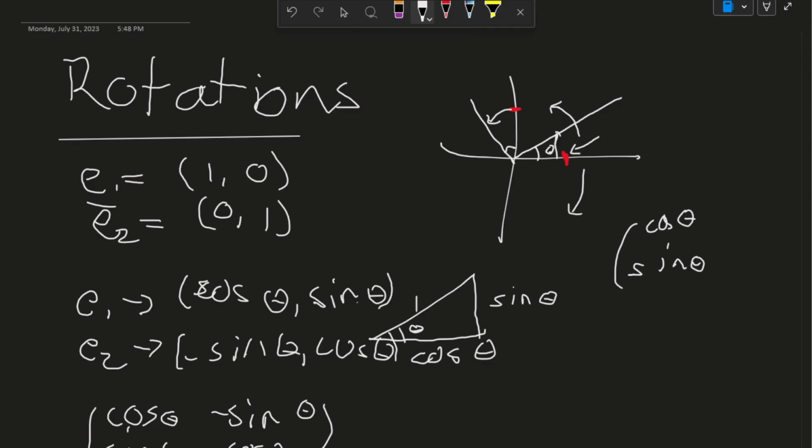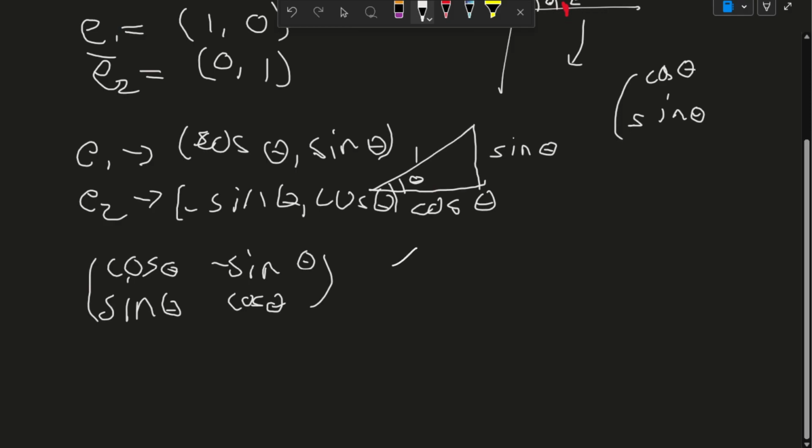Anyway, sorry. Oftentimes people write this matrix as a clockwise rotation, which annoys me, but also makes the signs different. Anyway, I haven't justified to you that this is a linear transformation. And again, I'm not going to formally prove that rotations are linear transformations, but I want to justify that it is.